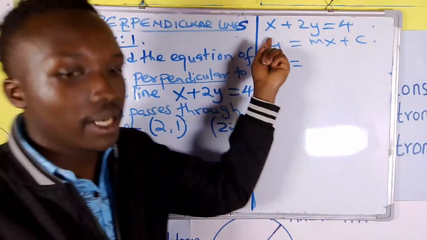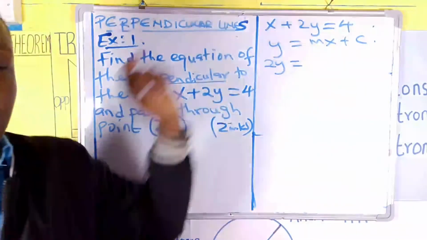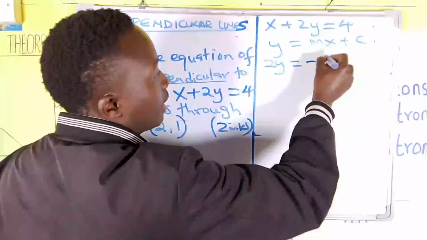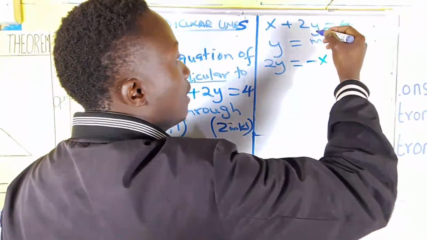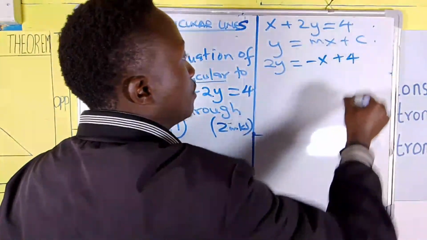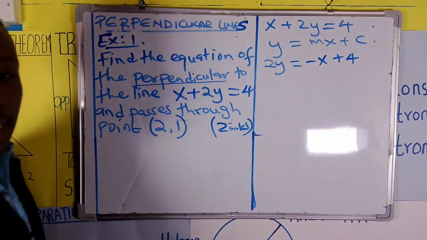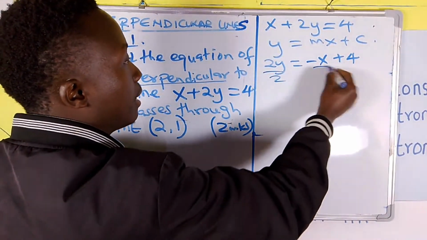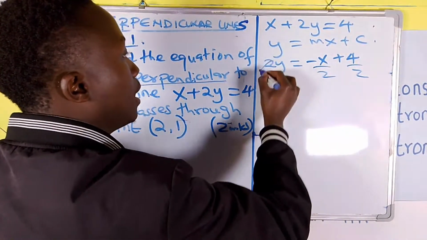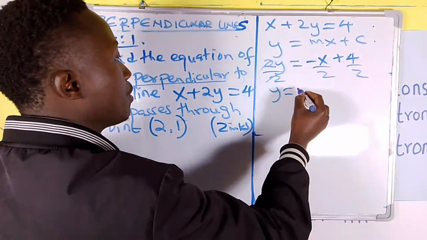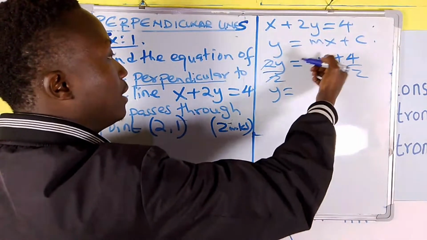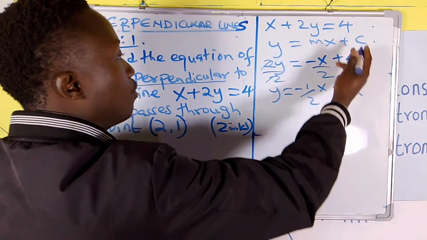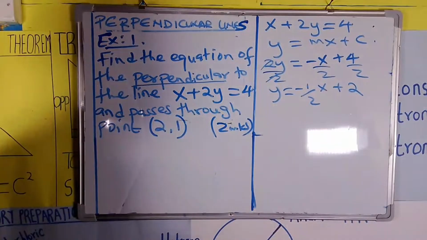Since x is on the left hand side, we take it to the right hand side to get negative x, then plus 4. So that we can be left with y alone, we divide by 2, and we end up with y equals negative x over 2, which is the same as negative a half x plus 2, since 4 divided by 2 is 2.